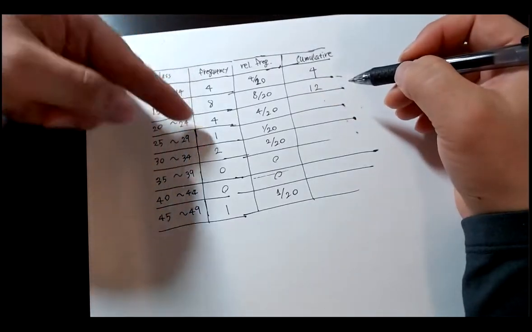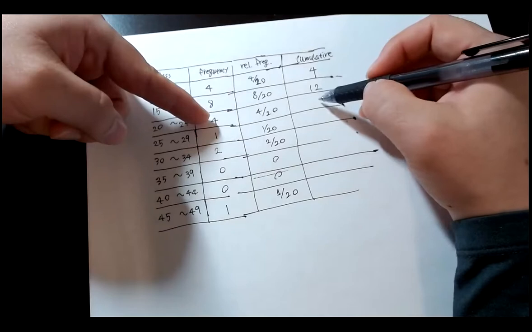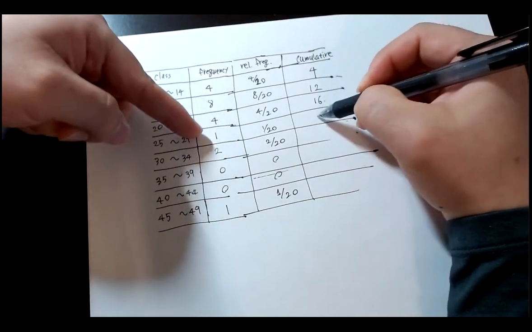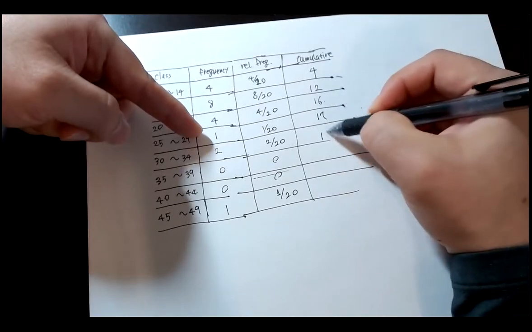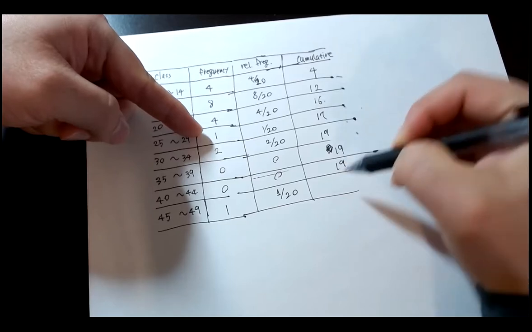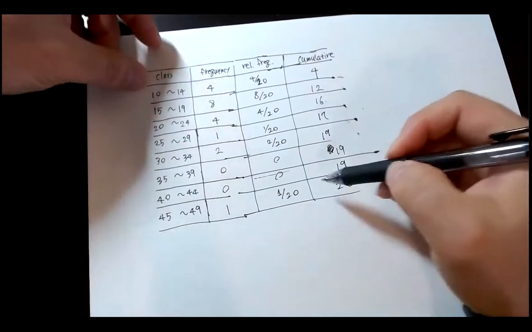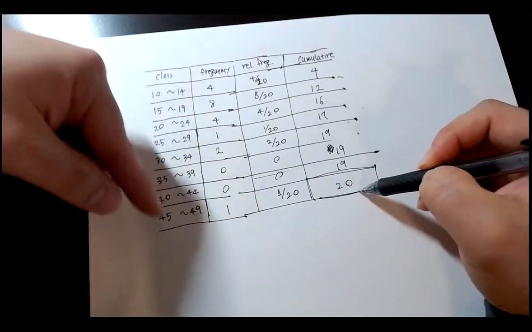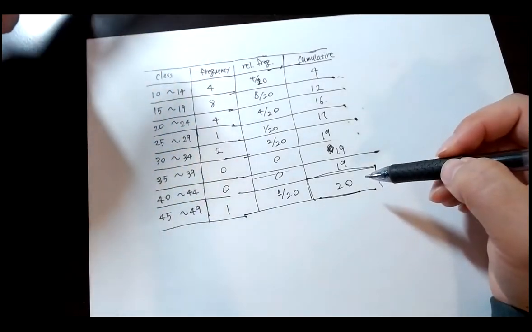Then 4 plus 8 plus 4, which is 16. Then 17, and then 19, and then 19, and then 20. Keep in mind that the cumulative frequency of the last class must equal the total number of data values.